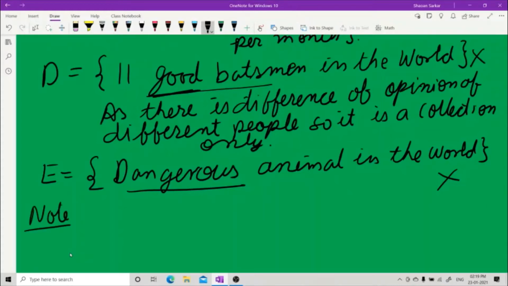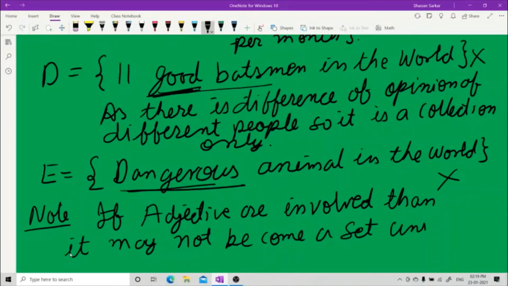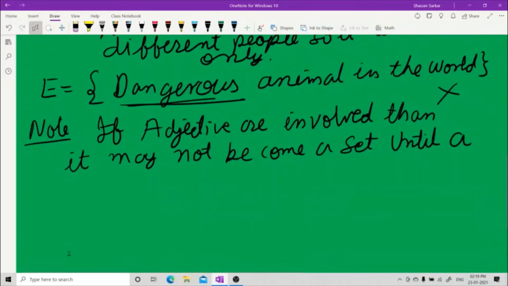Now let me write down a concept for you. Note, if adjectives are involved, like dangerous, good, rich, poor, then it may not become a set until a restriction is given.